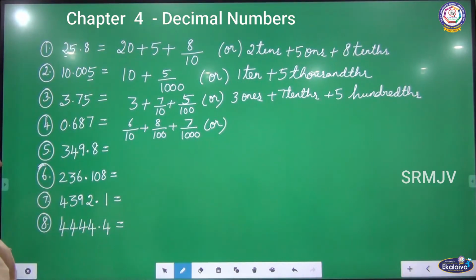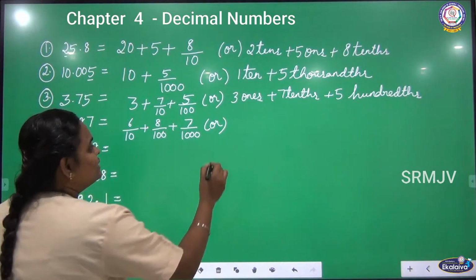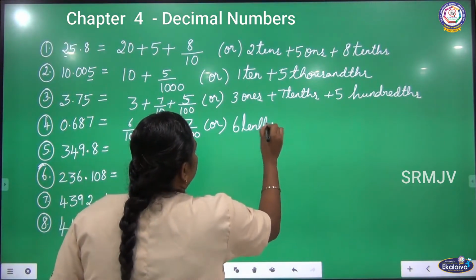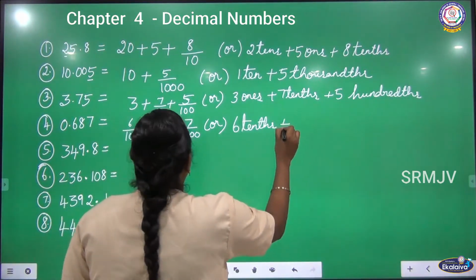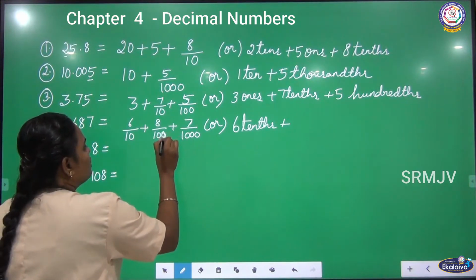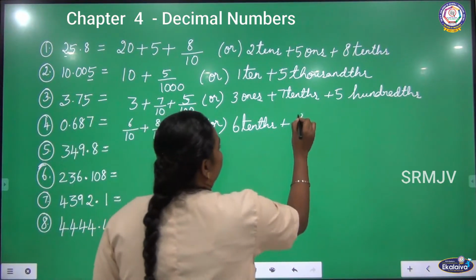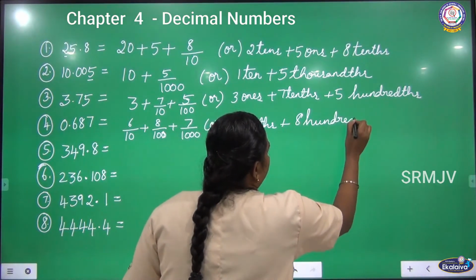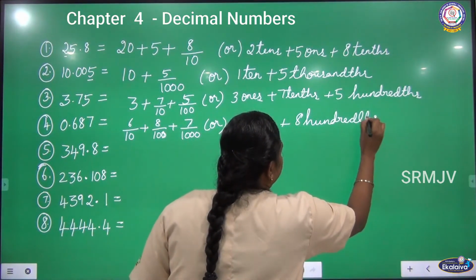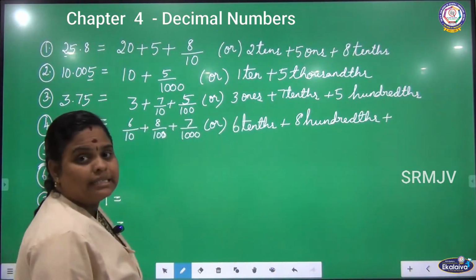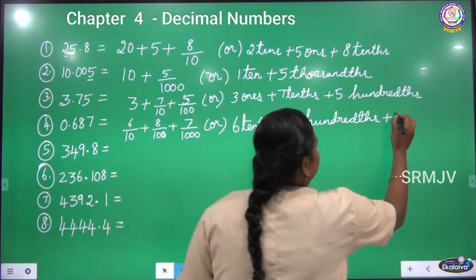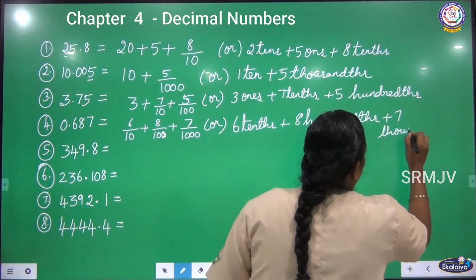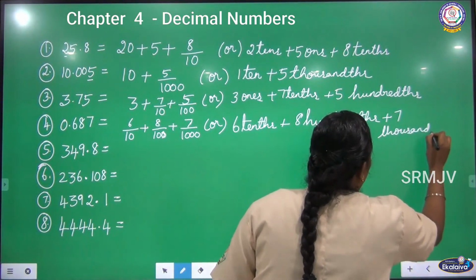So what is the place value of 6? 6 by 10 is 6 tens, plus 8 hundreds, plus 7 thousands.